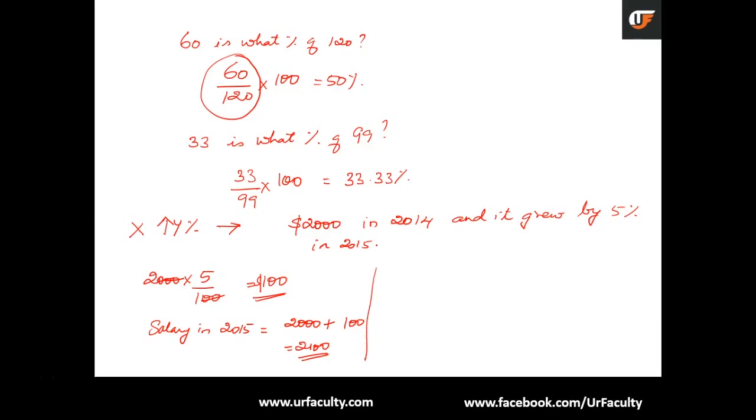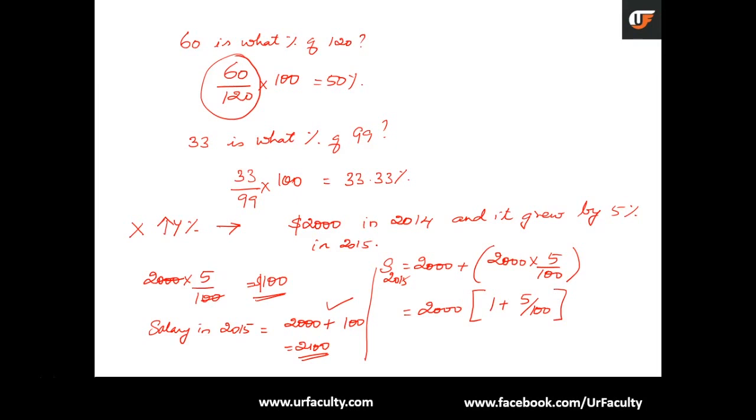Now, what is the other way to look at the same problem? Let's take the final expression that we used here. We have written 2000 plus 2000 into 5 by 100. If I take out this 2000, salary in 2015 is equal to 2000 into 1 plus 5 by 100.